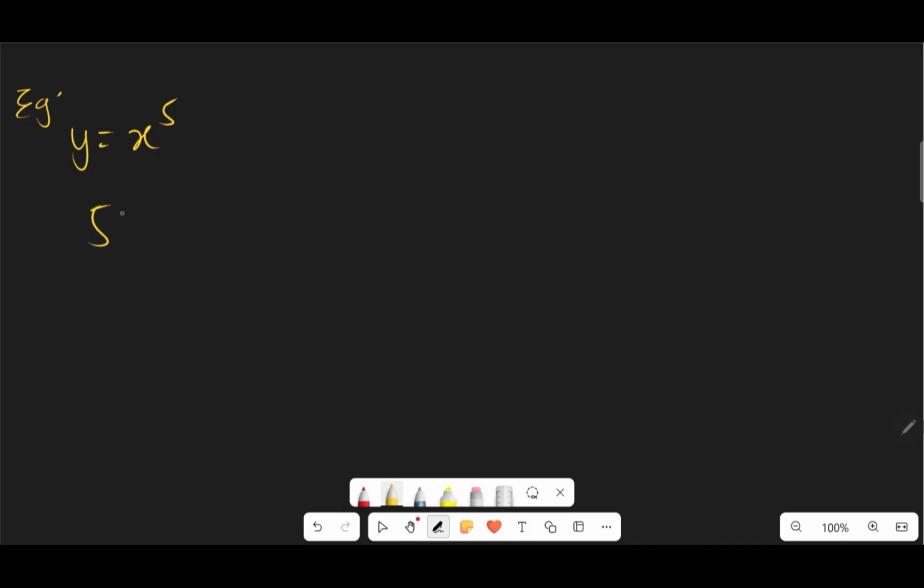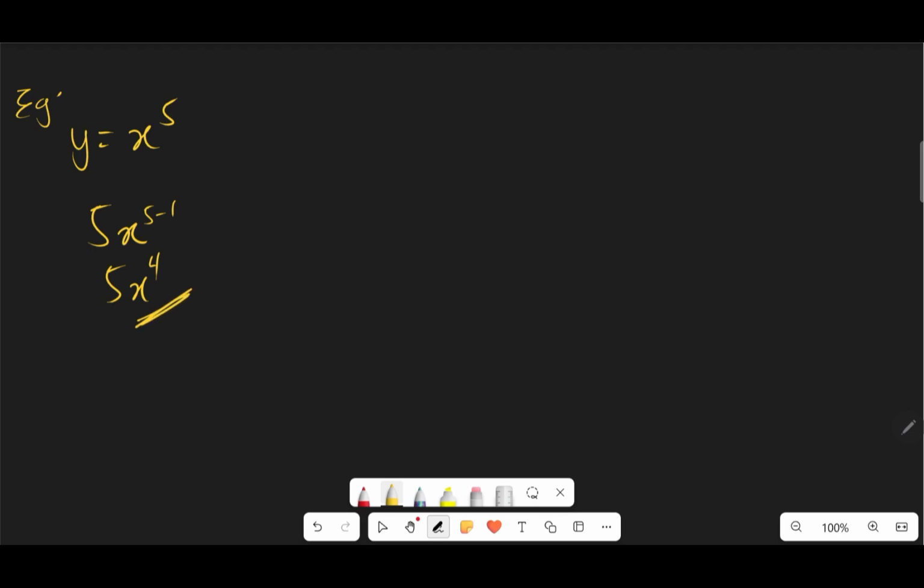So we are going to get 5x. Now the power 5, we subtract 1 from it: 5 minus 1. So we are going to get 5x to the power 4. And that is our answer for y equal to x to the power 5.